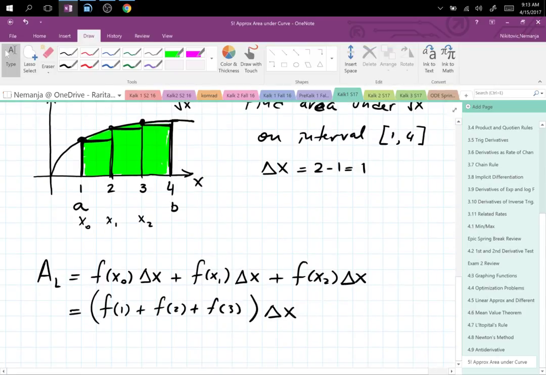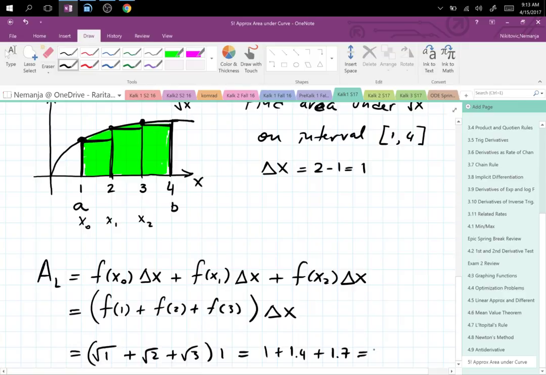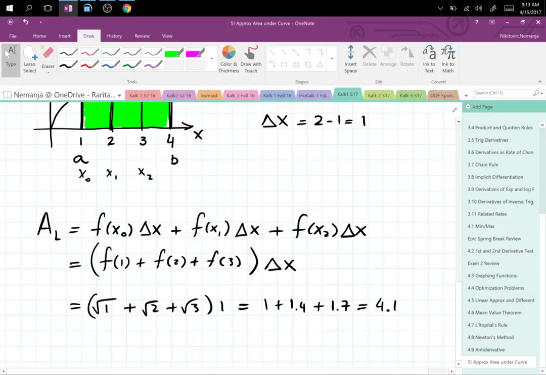And now you can plug in values, so square root of 1 plus square root of 2 plus square root of 3, everything times 1, which is 1 plus 1.4 plus 1.7. We don't have to be too precise with this, to get 4.1. So area under the curve is about 4.1.